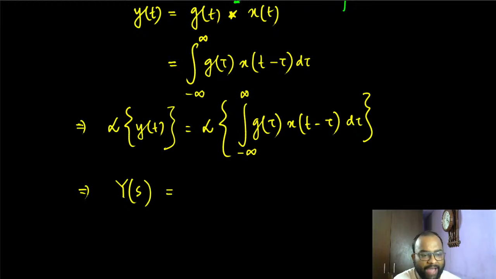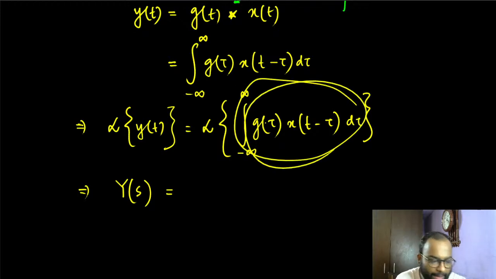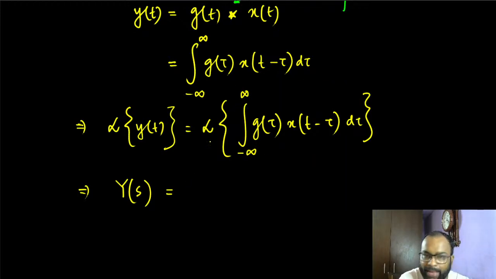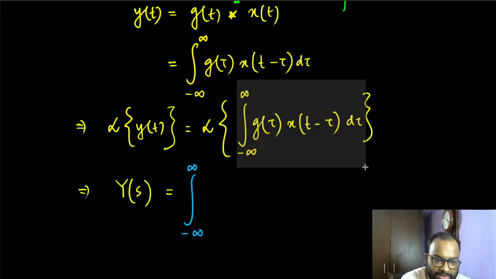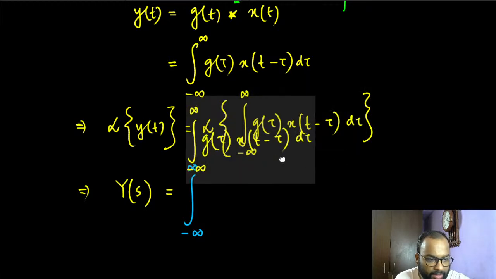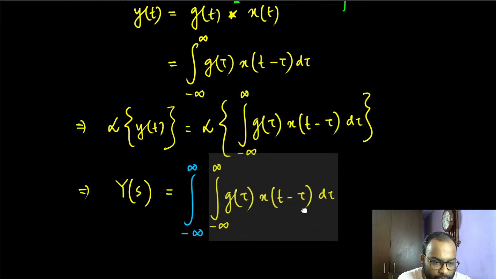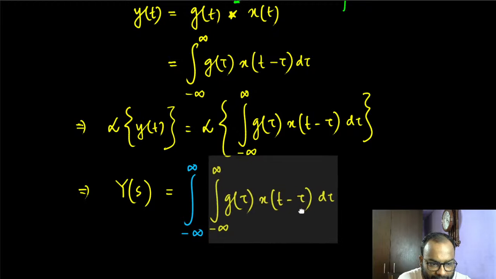Now we have to calculate the Laplace transform, and this is the signal for which we are calculating it. So how do you calculate the Laplace transform? Using this integration from negative infinity to positive infinity on whatever signal you have. This is the signal on which you are calculating the Laplace transform.